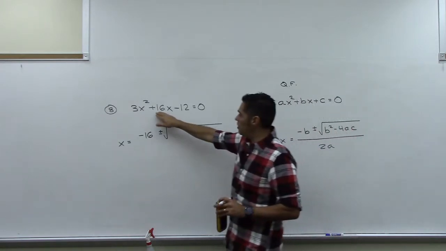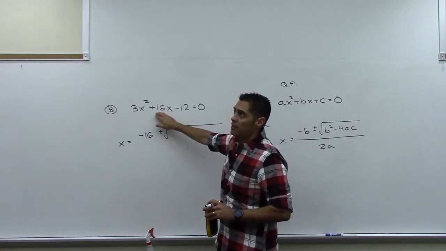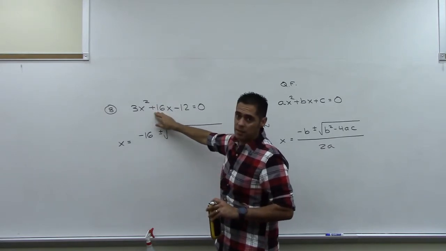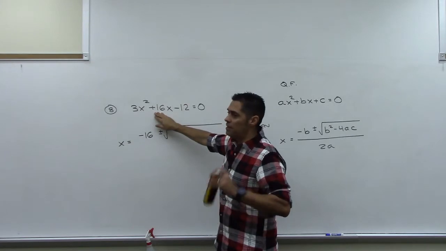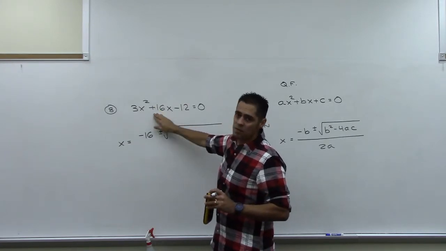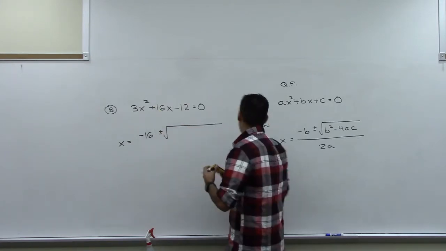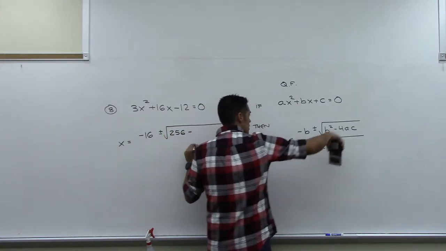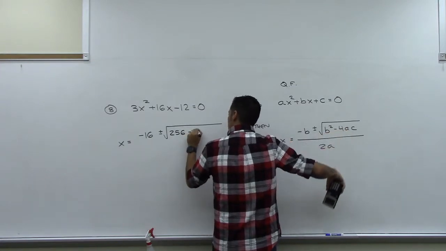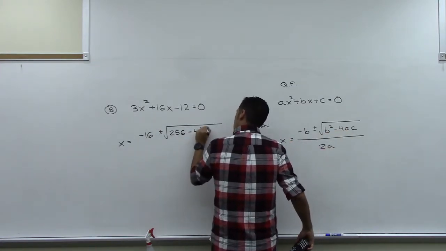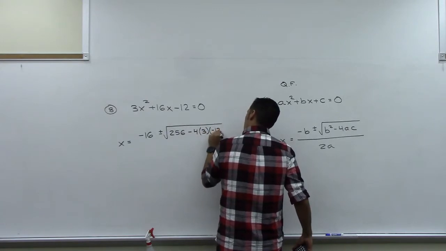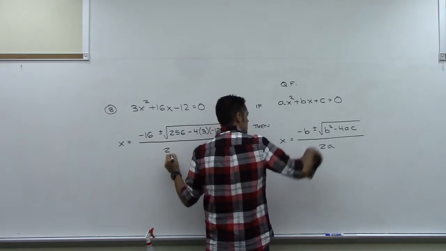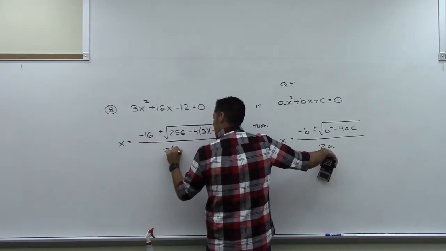So we're going to take the positive 16 and square it. And that's 256. Now, if this had been negative 16, it still would be positive 256 because when you square a negative, it becomes positive. So we get 256 here minus 4 times a, which is 3, times c, which is negative 12. So be careful with that. All over 2 times a, but a is 3.